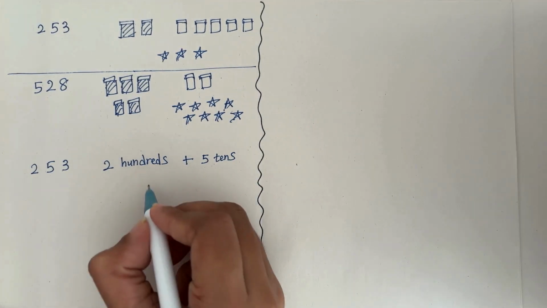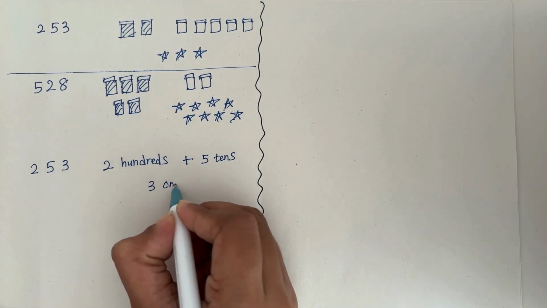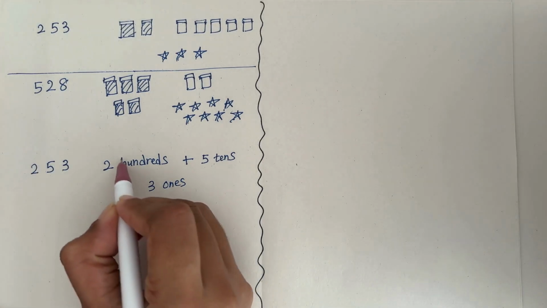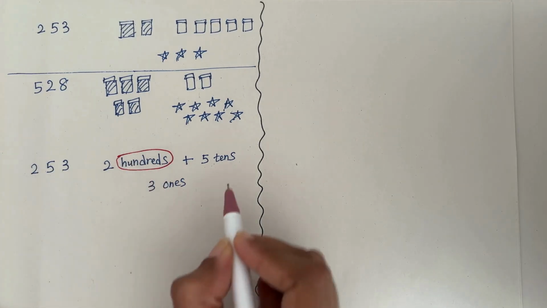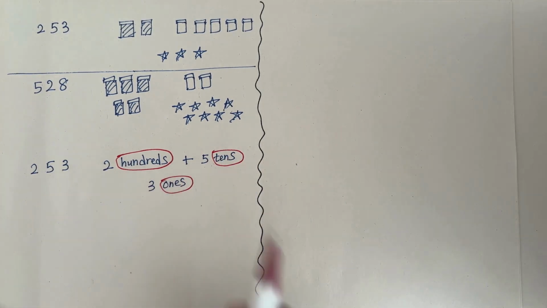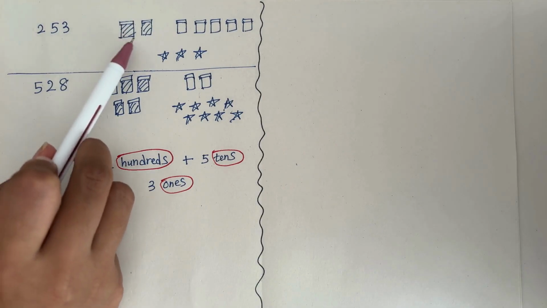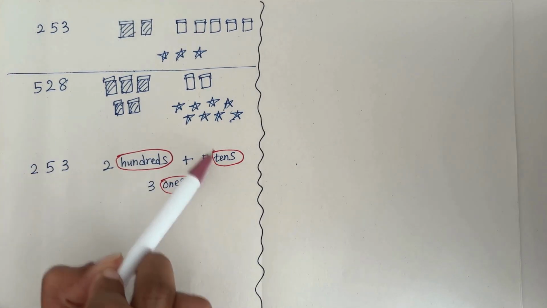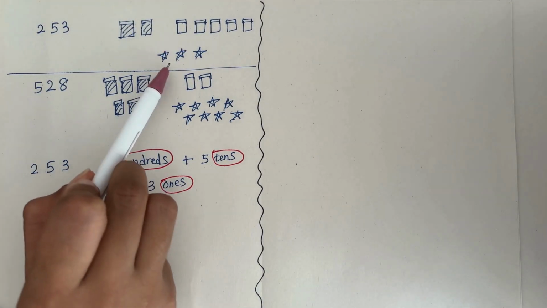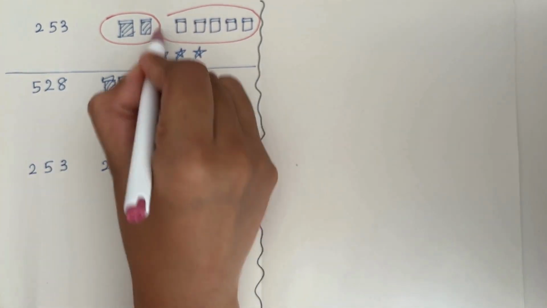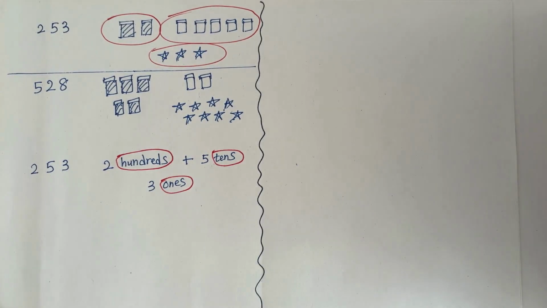And we have 3 ones. Can you see that? We have 2 hundreds and 5 tens and 3 ones. Each of these boxes represents these values: hundreds, tens and ones. Can you understand?